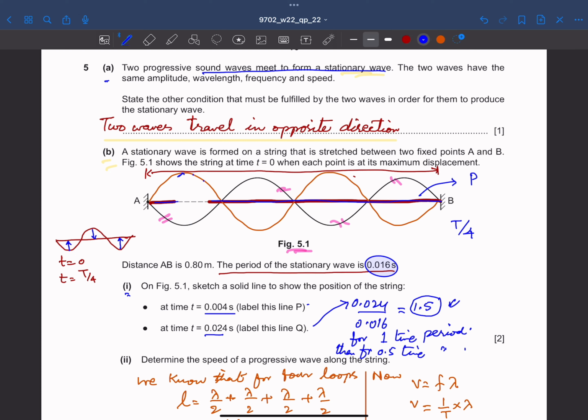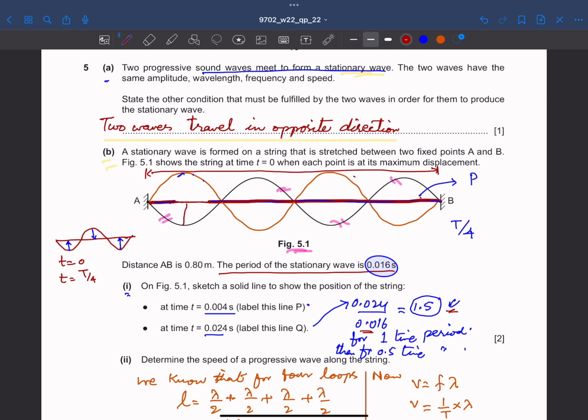When you have this situation of 1.5, meaning 0.024 divided by 0.016, that is 1.5. Be careful. This P is here because only 0.5 has gone.